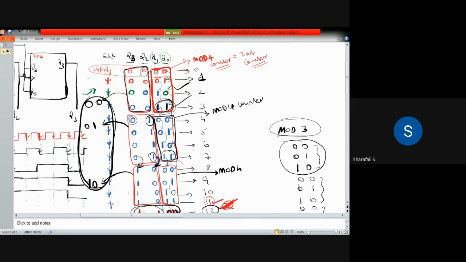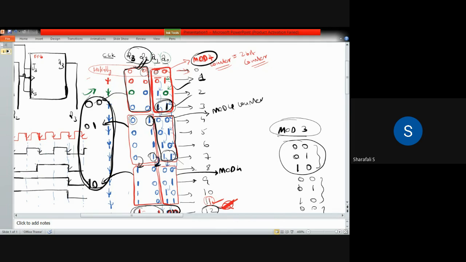So the mode 4 counter helps to toggle the mode 3 counter, or the second counter that we are connecting, that has to be mode 3. So the output of this mode 4 toggles the state of this Q2 and Q3. It is looking like that.